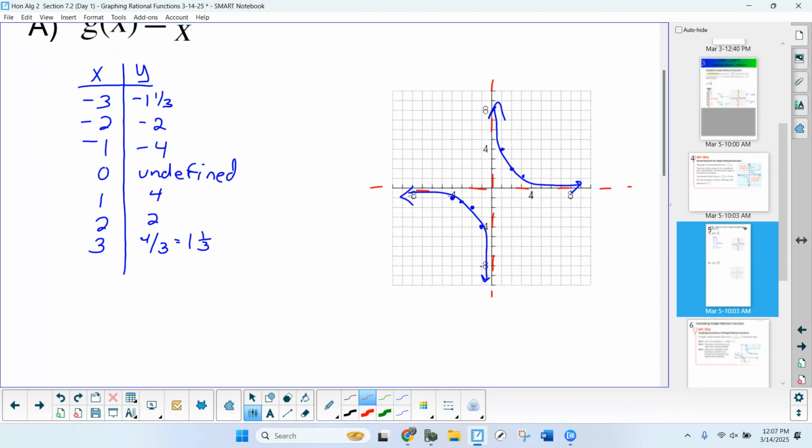Because you're right, the numerator is multiplied by 4, so it's just a little bit what? Stretched away from the axes. Do you see how it's pulled away from the axes? Yeah. Okay, so it has the same asymptotes. Does it have the same domain and range?